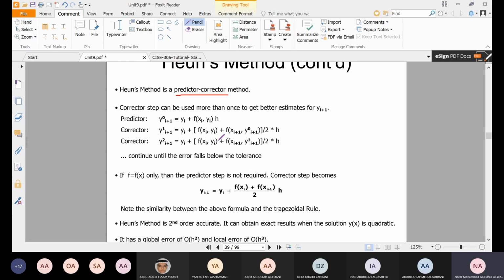The corrector step can be used more than once to provide a better estimation. So we do the predictor here, and after that I iterate the correctors until we fall below a tolerance, a certain value of the error.